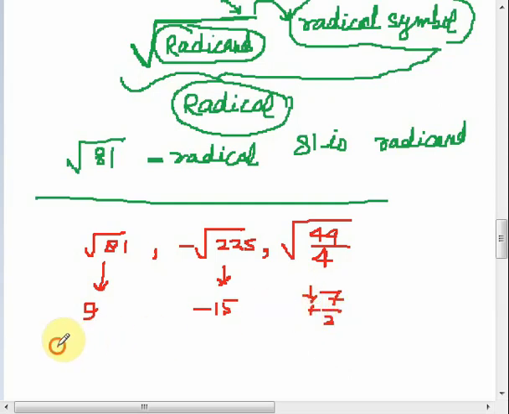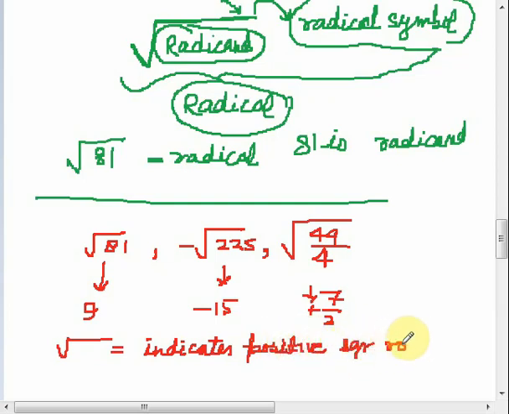That is, this symbol represents the positive square root of the number written under it, that is, the radicand.